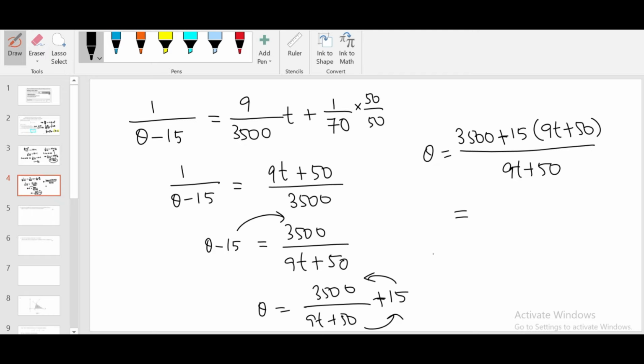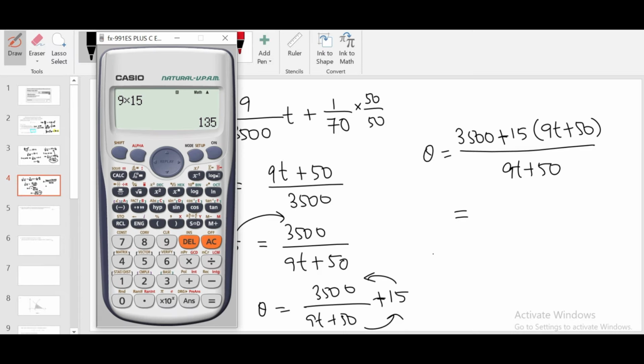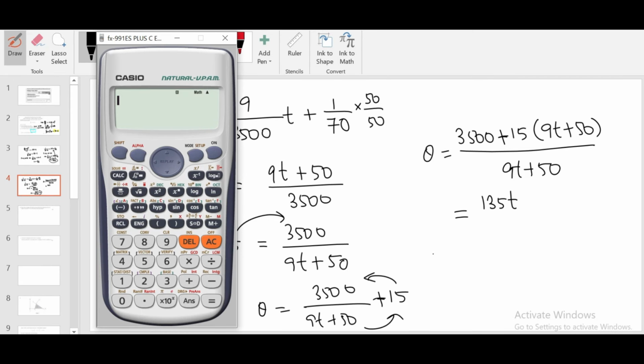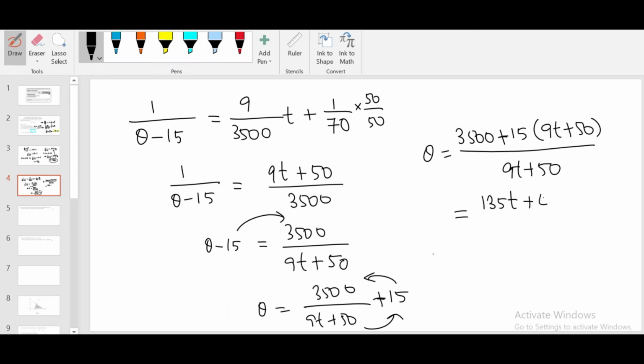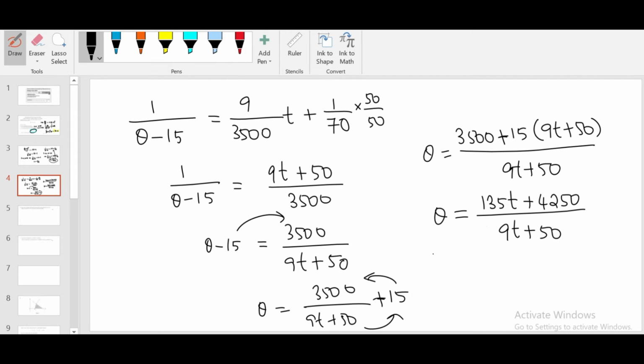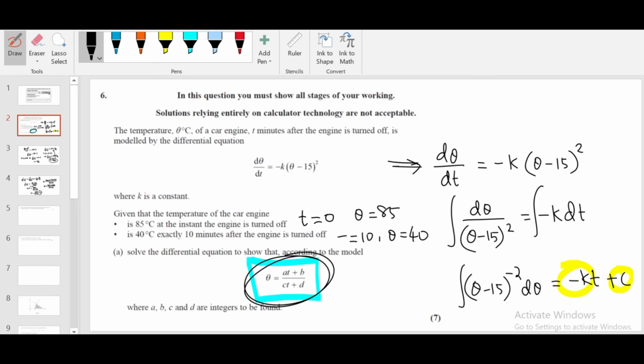The minus 15 comes here and becomes plus 15. So 9 times 15 is 135t, and then we have 3500 plus 15 times 50 is 4250, divided by 90t plus 50. That's the answer. They want the answer in this format, where a, b, c, d are integers. We got integers a, b, c, d. That's it. It's a 7-mark question actually.